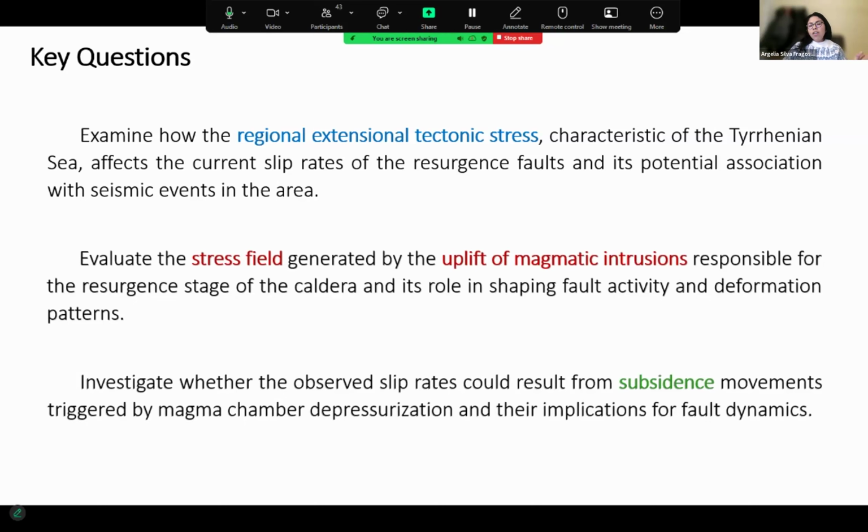And finally, also explore a scenario similar to this second point, but instead of having an upward movement, having a movement in the opposite direction, like simulating a subsidence stage, because this has also been proposed.